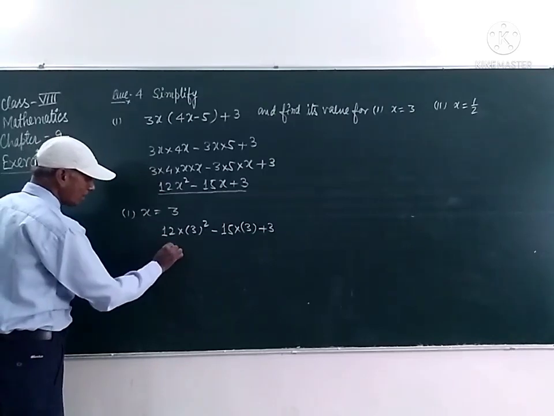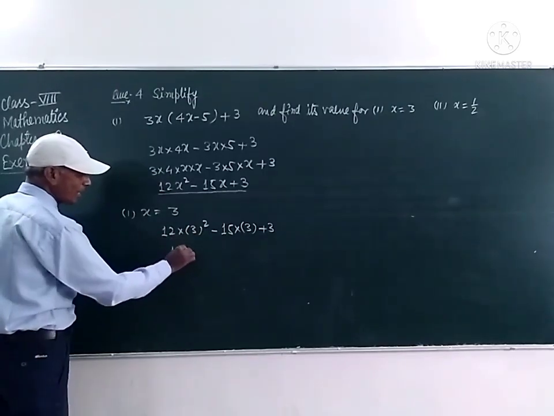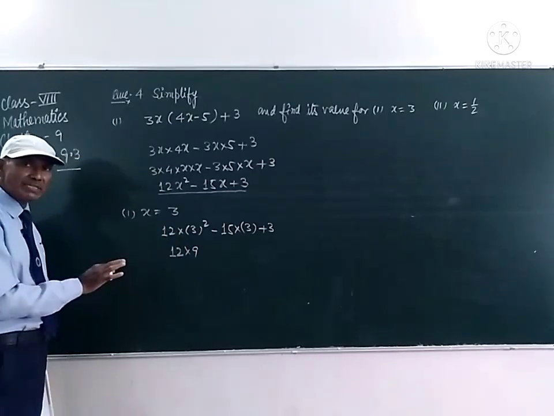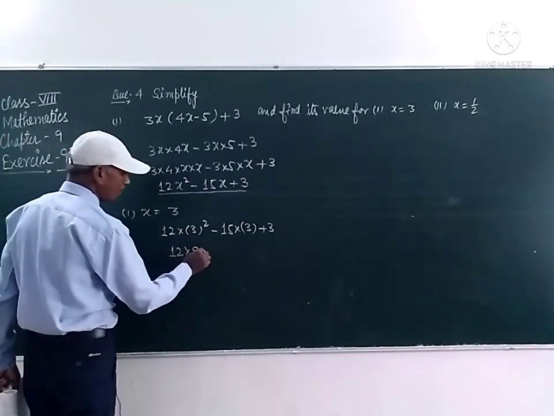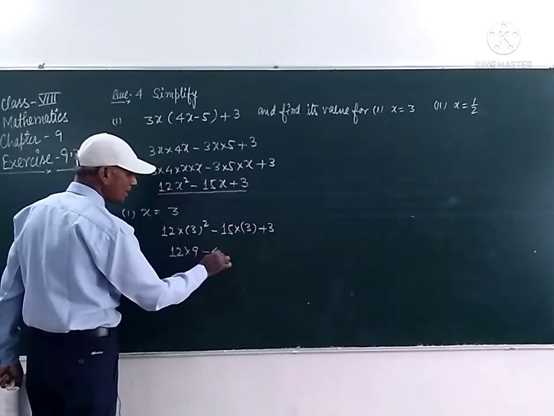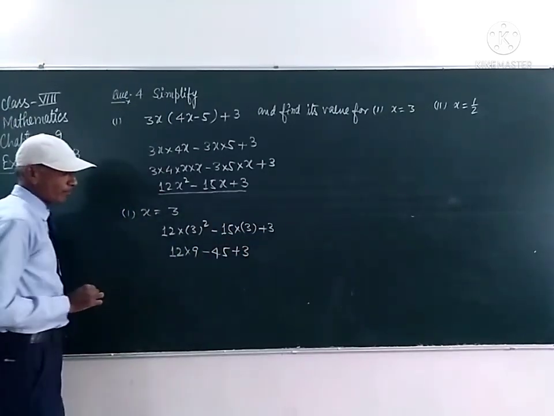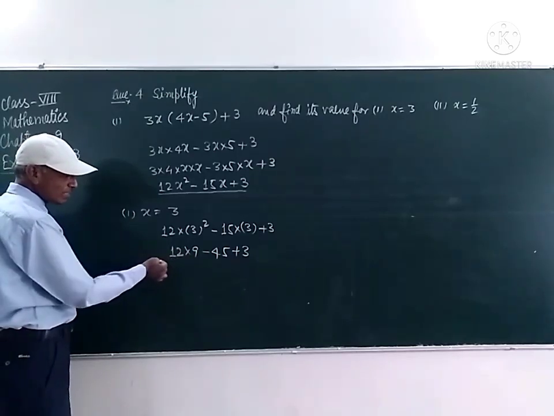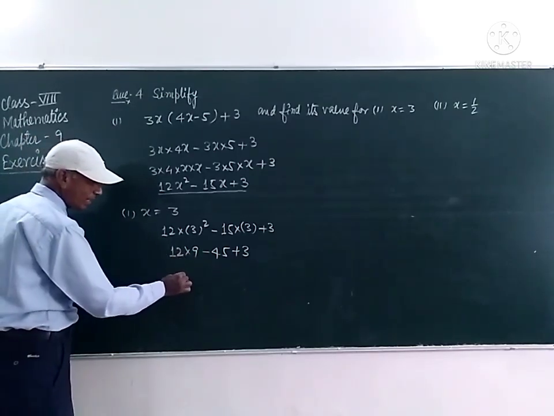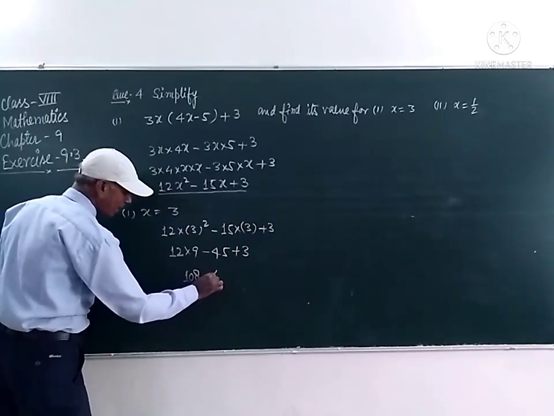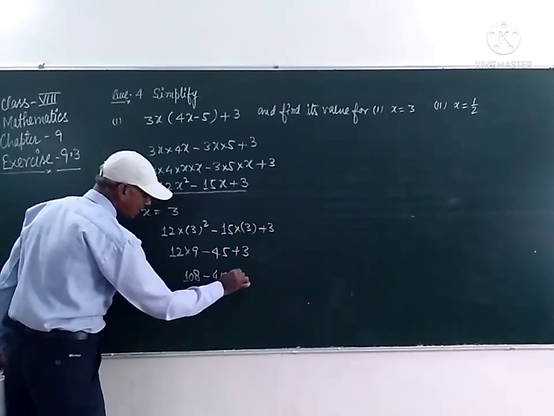Now this one 12 and 3 square, it is 9, student. 3 into 3 square, it means 9. 3 into 3, minus 15 threes are 45 plus 3. And after multiplying this, 12 into 9, 12 nines are 108. 108 minus 45 plus 3.